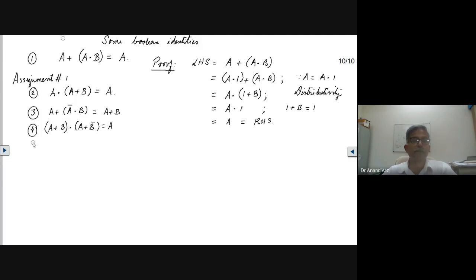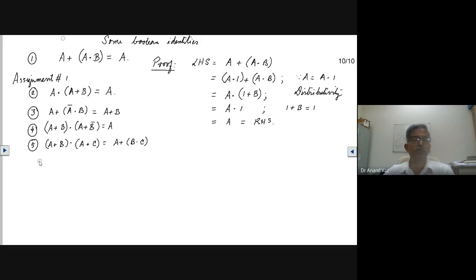Fifth one is (A or B) and (A or C). This is equal to A or (B and C).